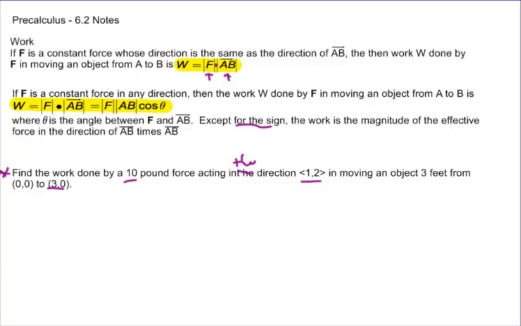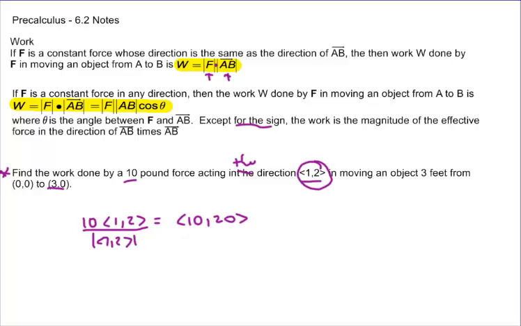So what you're going to do is take 10 and multiply it with this guy. I'm going to take 10 times the vector 1, 2, and that's going to get me the vector 10, 20. But I need this to be a unit vector, so I'm also going to divide by the magnitude of this guy.